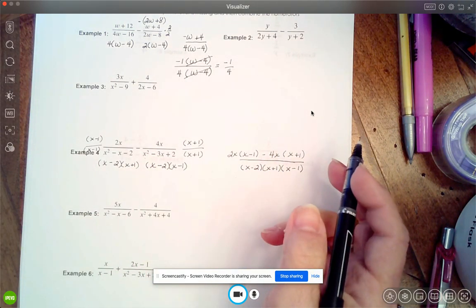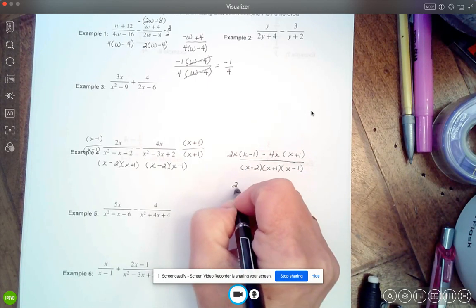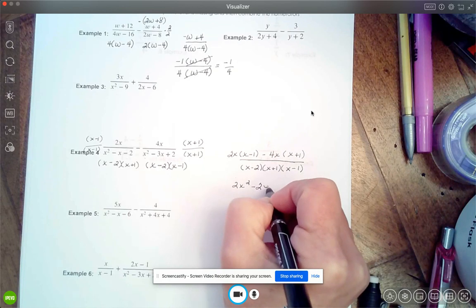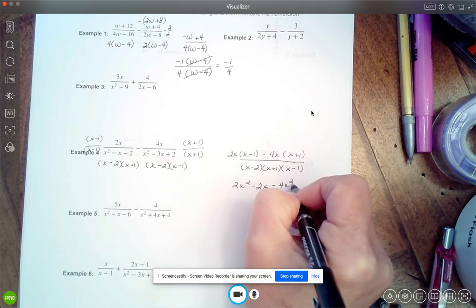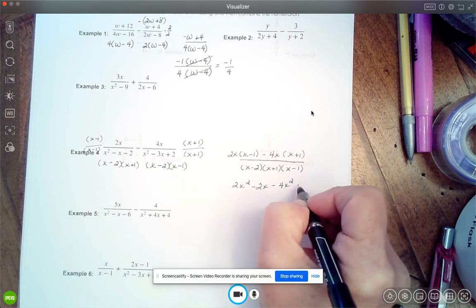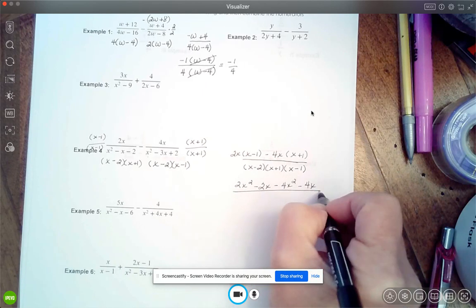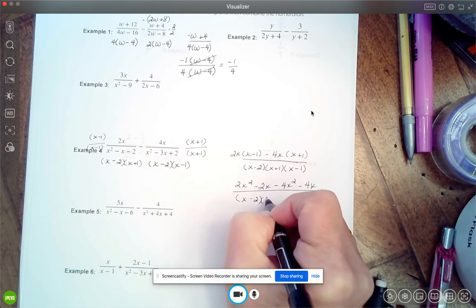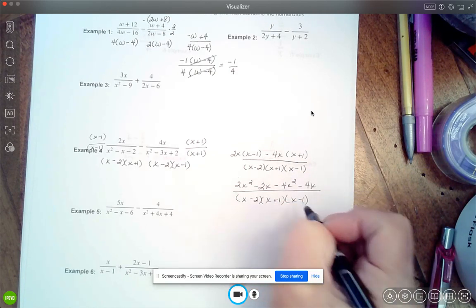Now, what I need to do is just simplify this. So here I have 2x squared minus 2x minus 4x squared. Negative 4x times a positive 1 is negative 4x, over x minus 2, x plus 1, x minus 1.